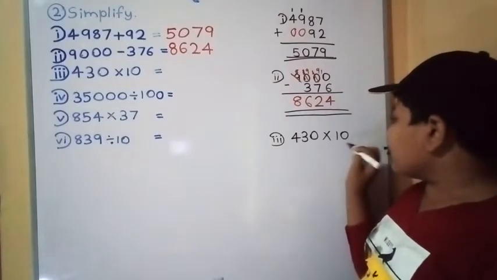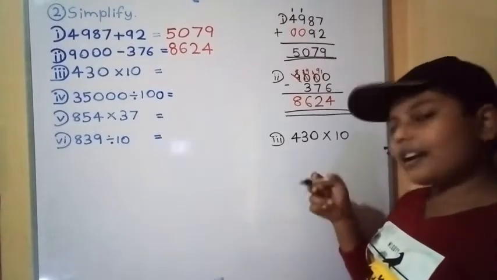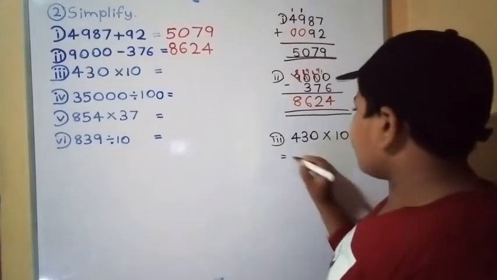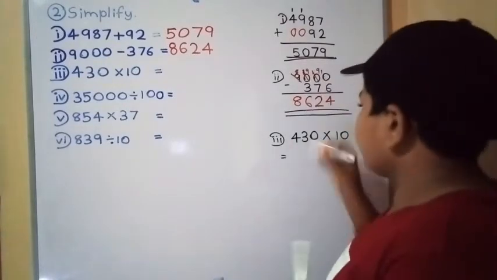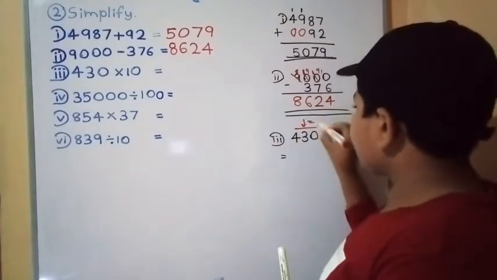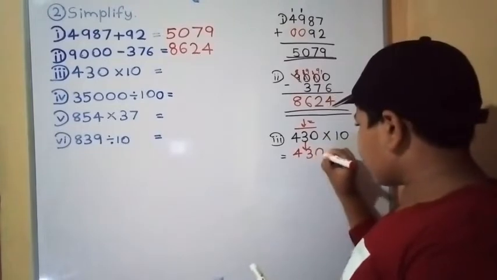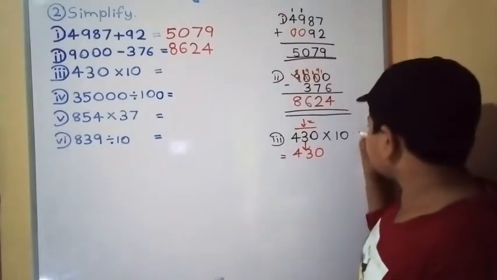Now, if you multiply by 10, by 100, or by 1000, you want to write the number the same, right? Now, this 10 has one 0.